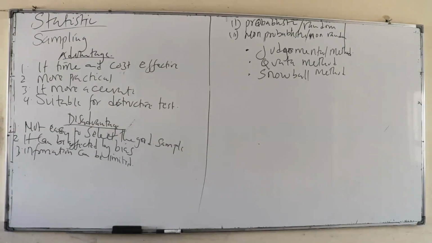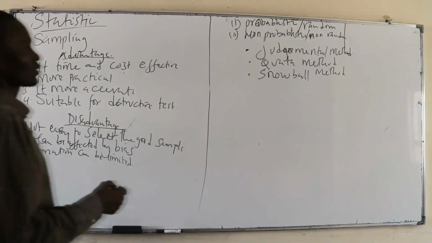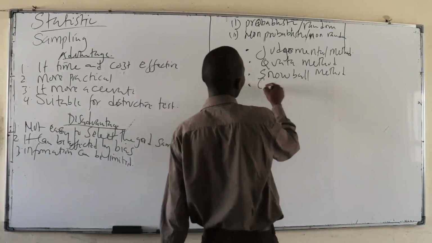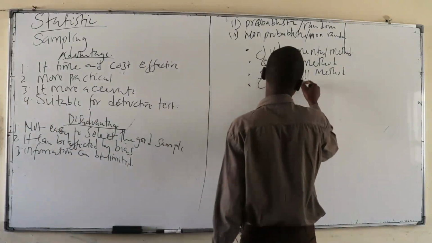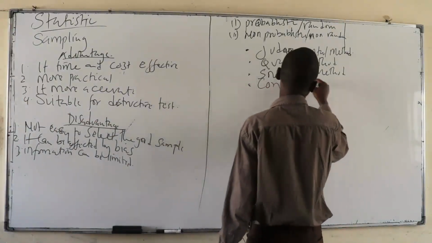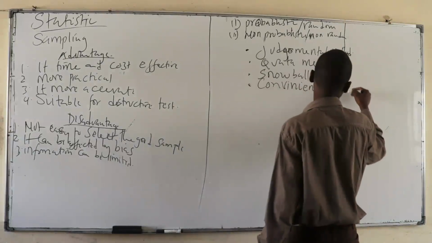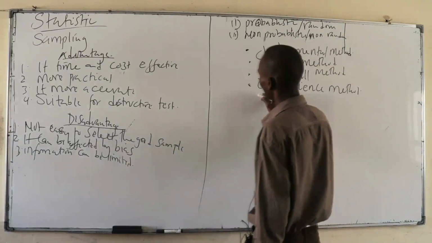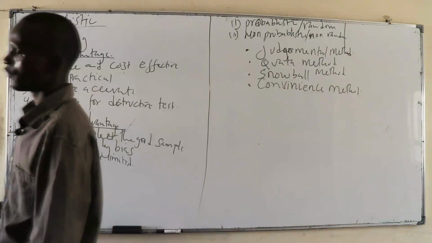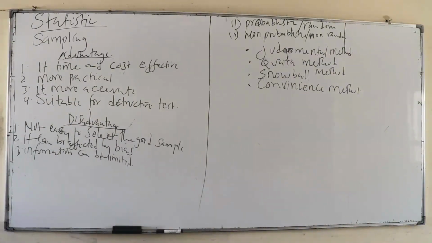So the last one is convenience method. So that's the fourth method of non-probabilistic.